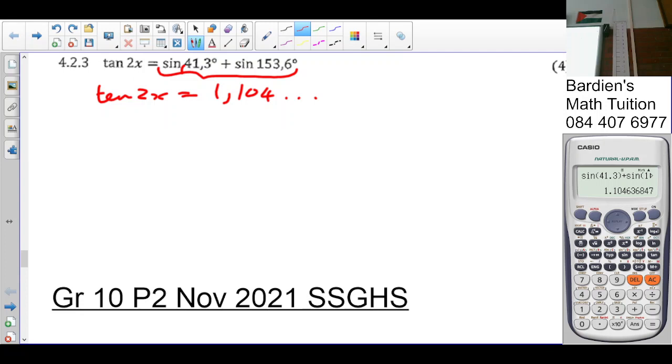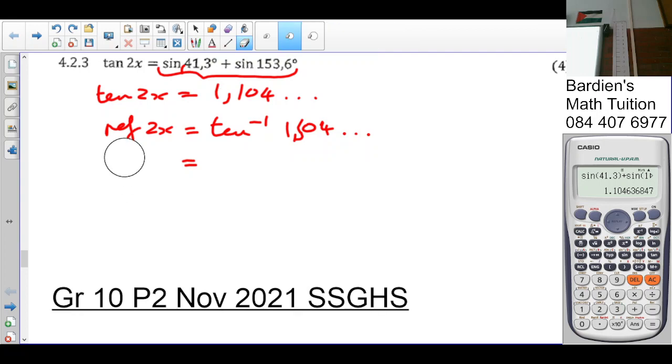So what do I do now? Now we can say arctan. So we say the reference 2x is equal to arctan of 1.104, and the number carries on. So we say arctan of that gives the angle 47.85.